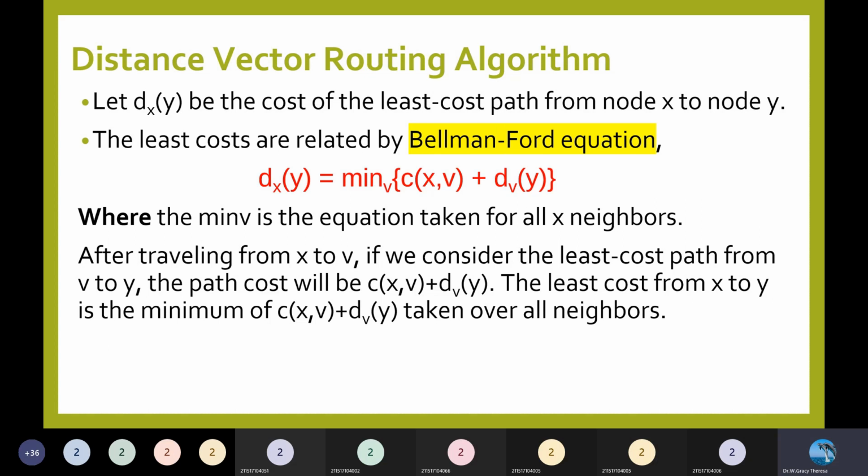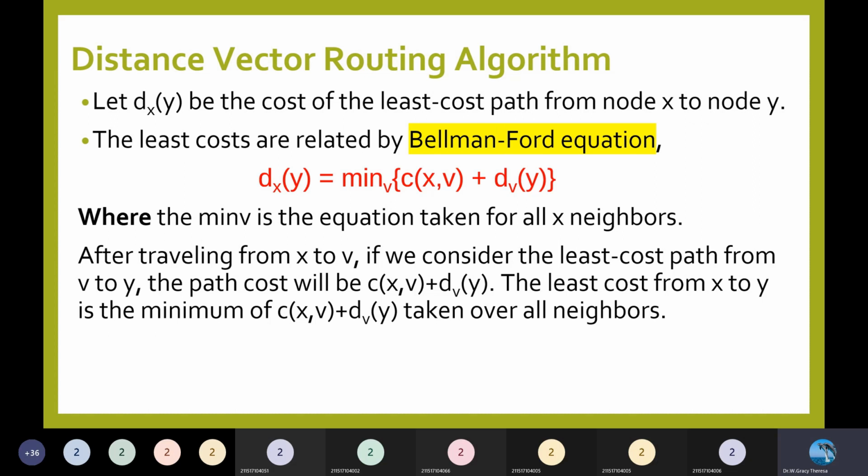So if your source node is x and the destination node is y, we are going to send a packet from node x to node y. I want to know the distance between node x and node y. For that I have to calculate, and the minimum route path will be selected and assigned as the cost path.